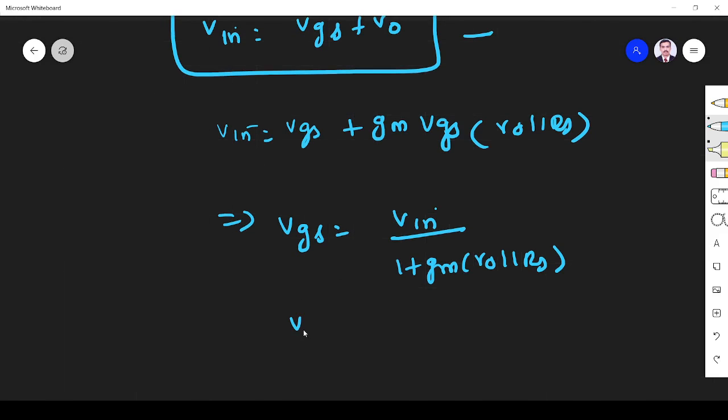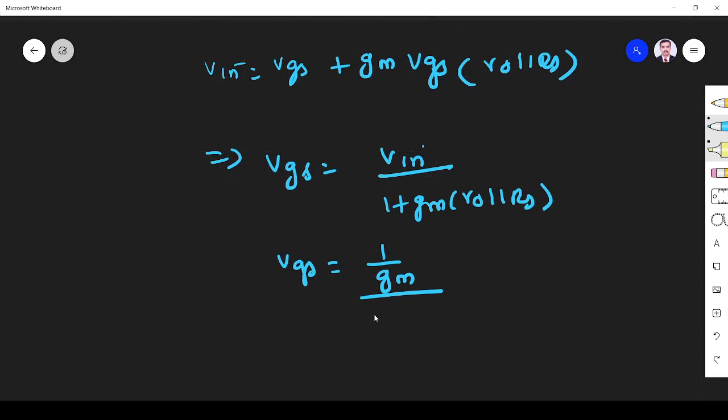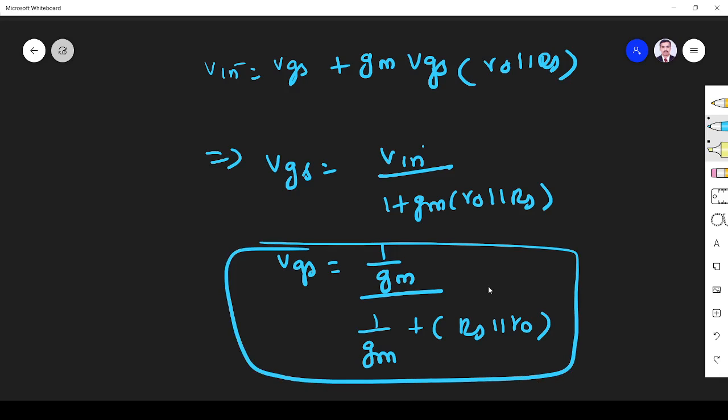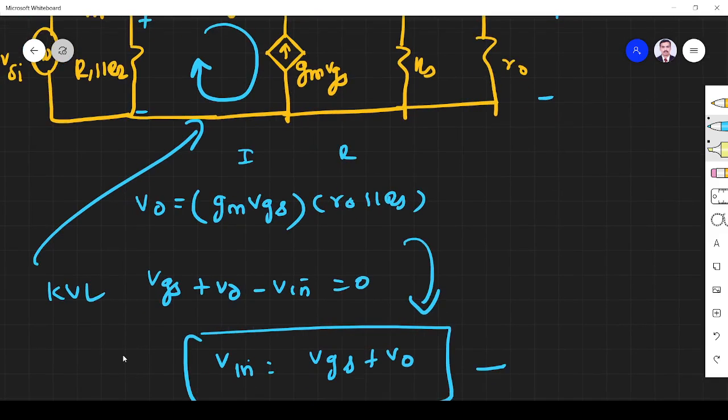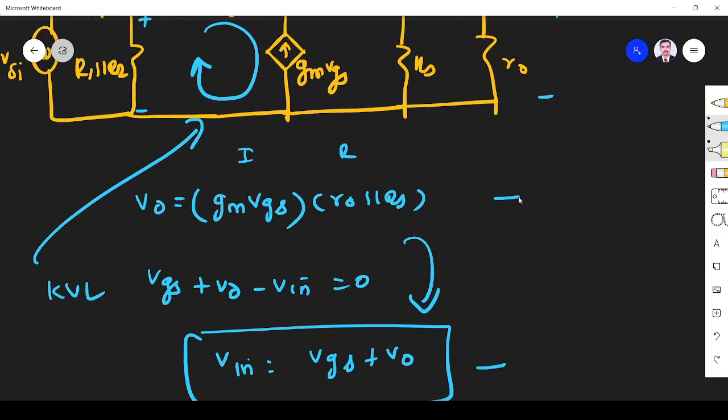So VGS is equal to, I take 1 by gm outside, (1 by gm) divided by (1 by gm plus RS parallel RO) into Vn. Let us take this as equation number 2, and this is equation number 1.